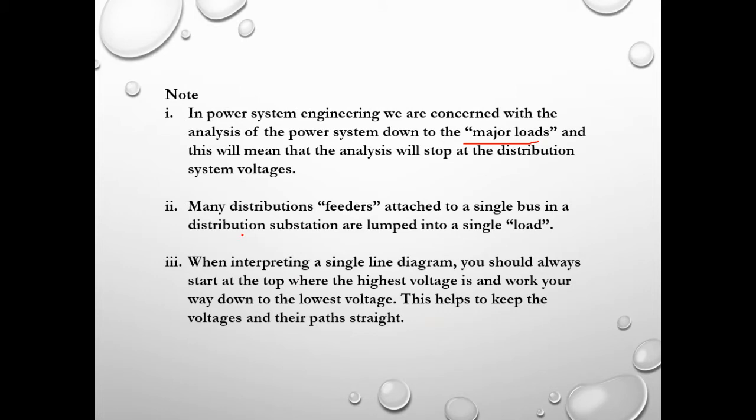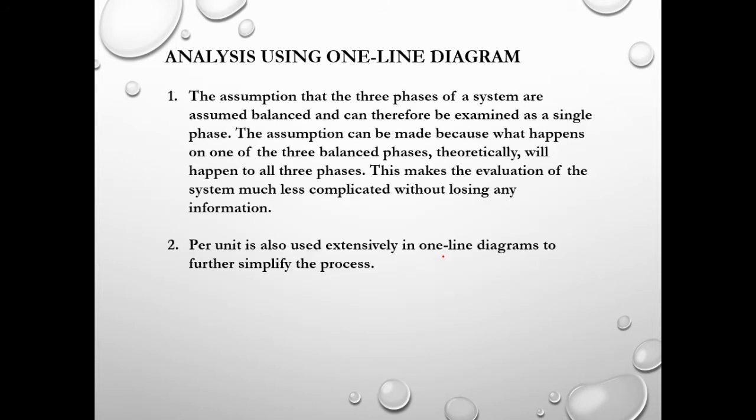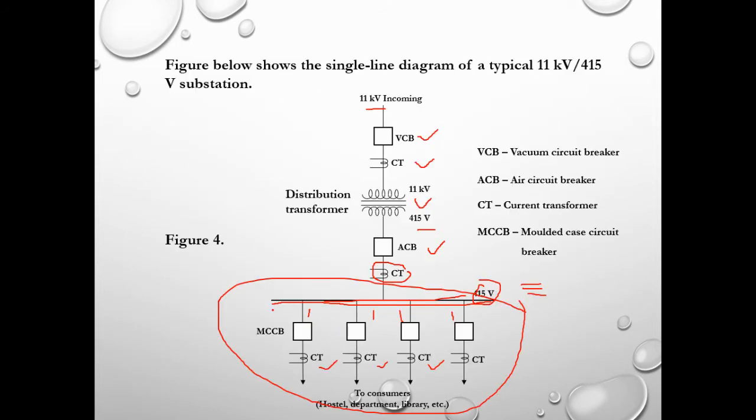Many distribution feeders attached to a single bus in a distribution substation are lumped into a single load. So this is an example. It is actually lumped to a single load, even though it goes to the hostel, where we have multiple distributions inside the hostel itself, departments, library, school building, hospital, etc.